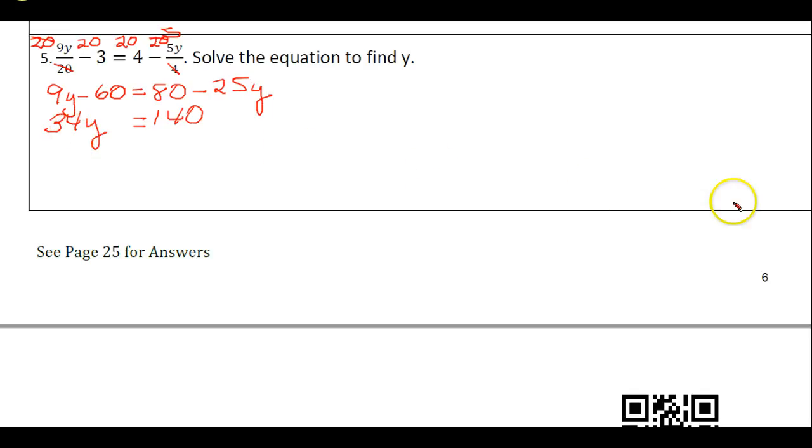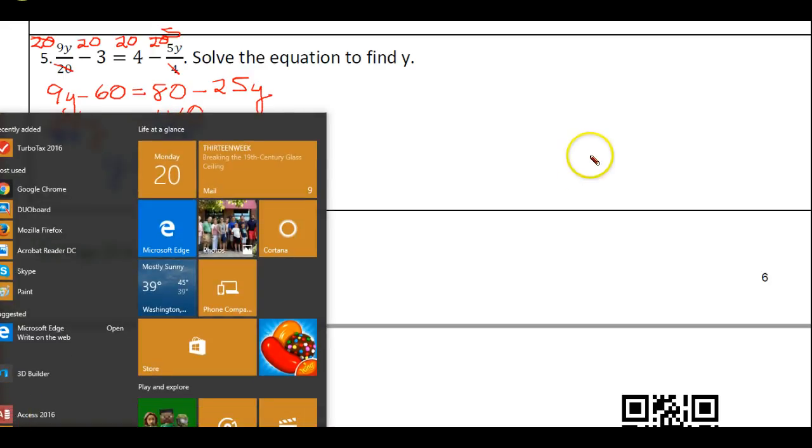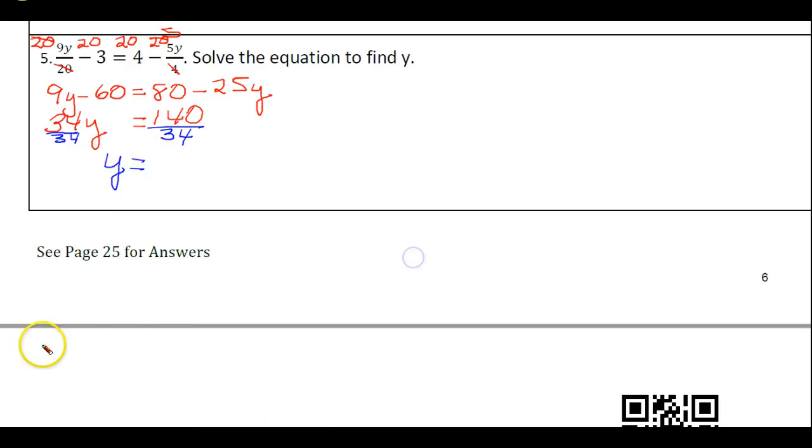Now I'm going to divide both sides by 34. And I get y equals, and we can take a 2 out of each one, so 70 over 17. 70 17ths.